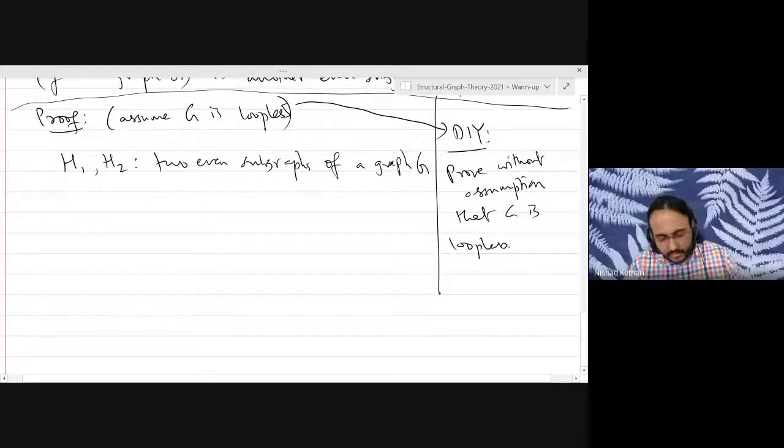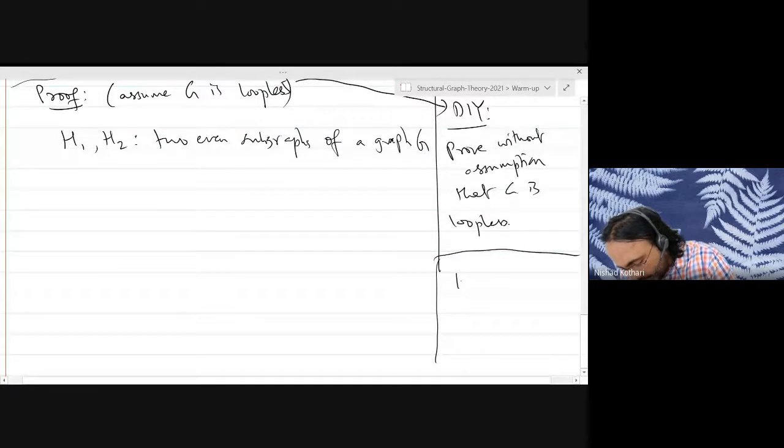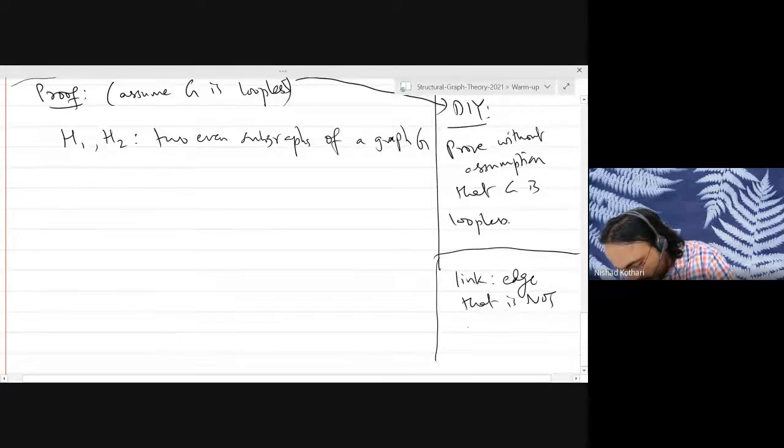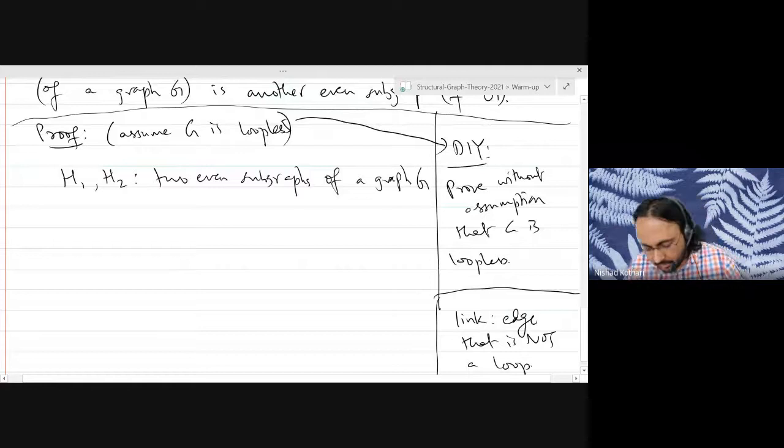Okay. So because our graph is loopless, let me introduce a term which I may not have introduced before, and it's used in Bondy-Murty, so it's good to know. So what is a link? A link is an edge that is not a loop. So in our graph, of course, all edges are links.